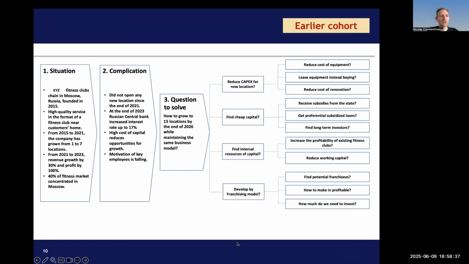reference points. So read this one again. Start with the question, read the situation and complication, look at level 1, scan level 2, and let me know when you're done. And then I'll give feedback on this one.